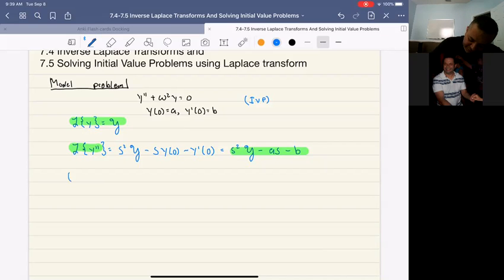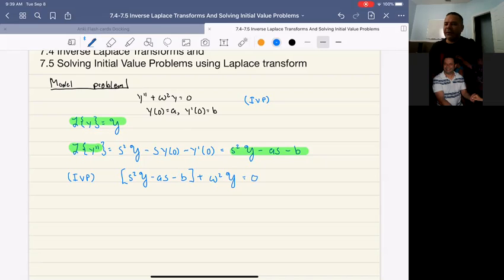Okay, so our initial value problem becomes, this is our new equation: s squared Y minus a s minus b, that's the y double prime, plus omega squared Y equals 0. And we don't actually have to worry about initial values. I mean, we do, but they're already sort of involved. We've already worried about the initial conditions.